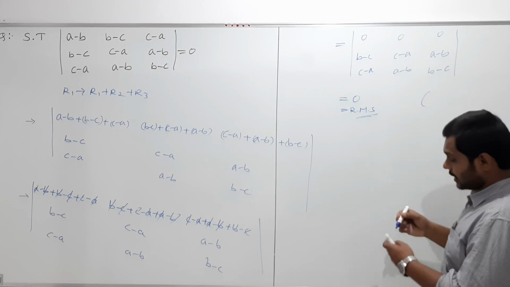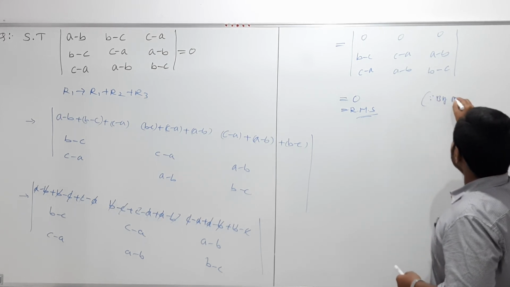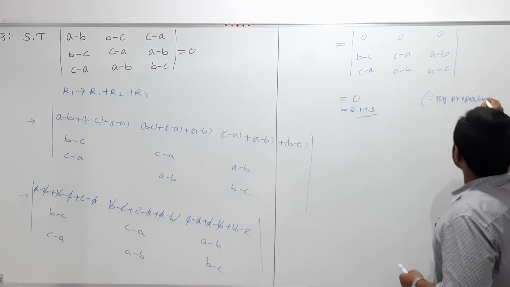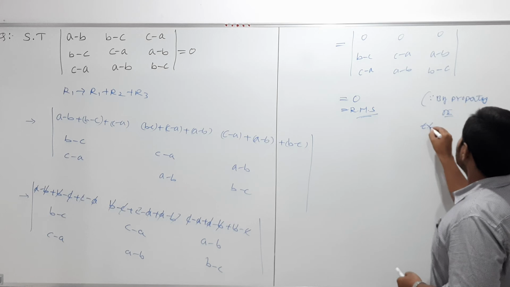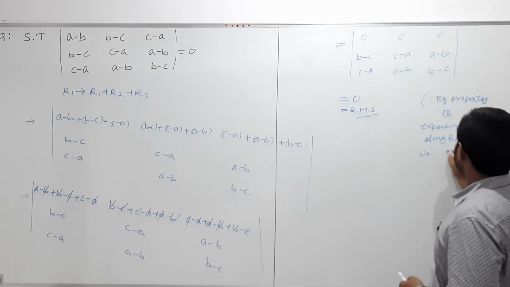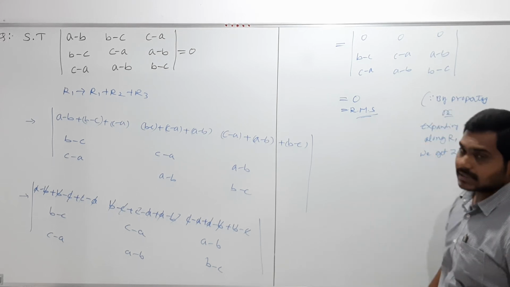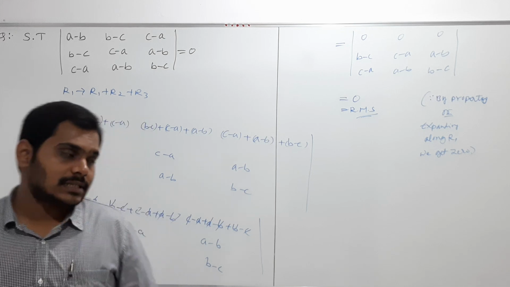So here you can write by property, or you can write expanding along row 1 we get 0. Like this you can write. Clear? So therefore this determinant value is 0.